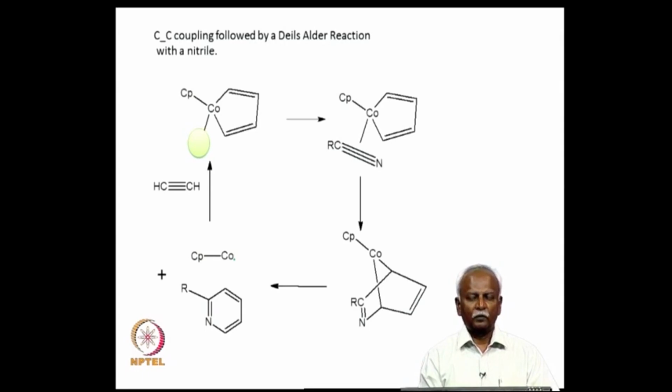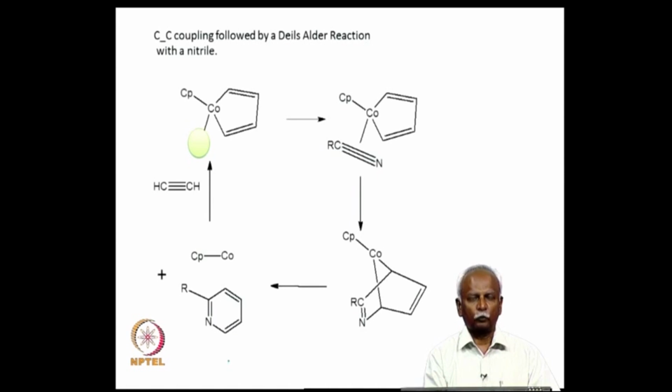So, instead of acetylene, if you use a nitrile, then the same reaction could undergo a Diels-Alder type reaction and result in the formation of a substituted pyridine. This was exploited by several workers, notably by K. P. C. Vollhardt, who used this reaction to synthesize a variety of interesting molecules.